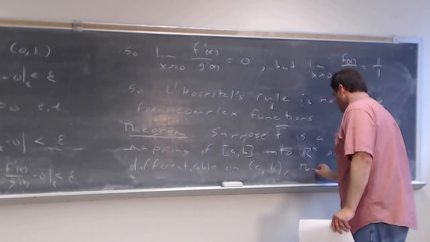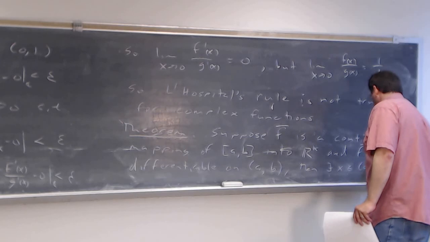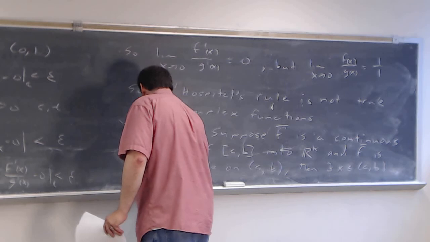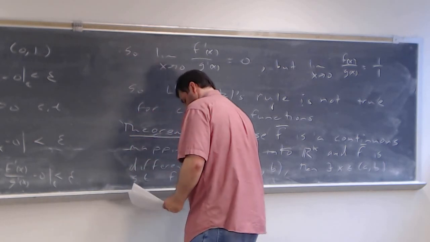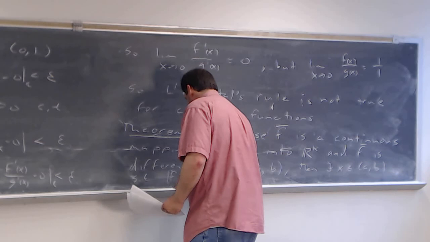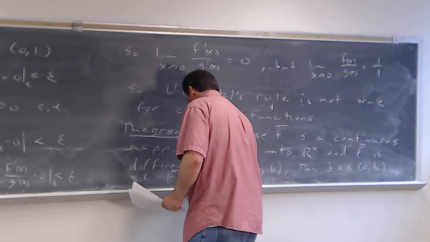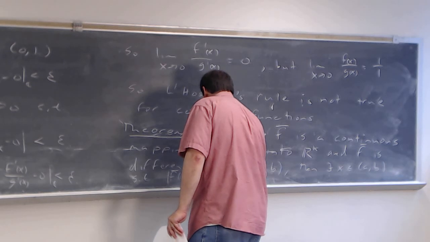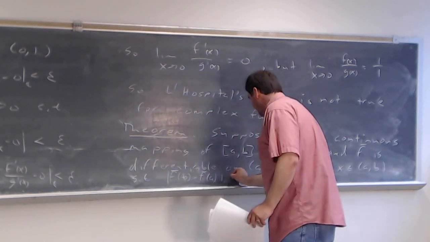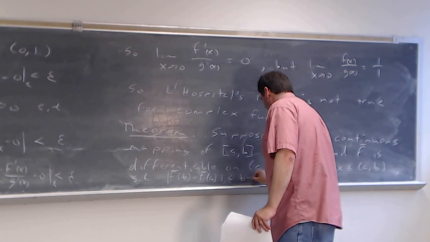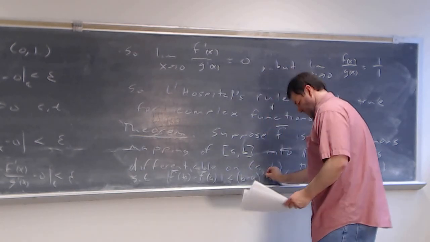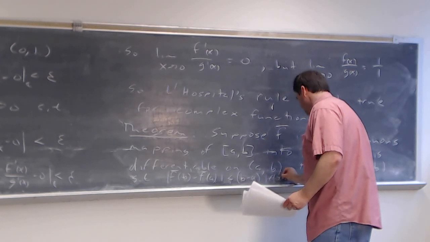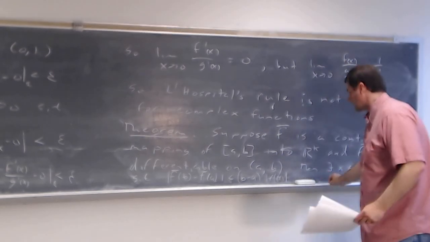Then there exists an x in the open interval from a to b such that the norm of f bar evaluated at b minus f bar evaluated at a is less than or equal to b minus a times the norm of f prime evaluated at x. That's the statement.